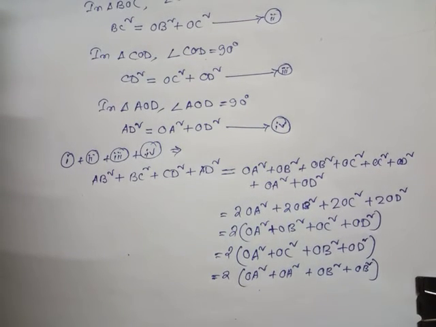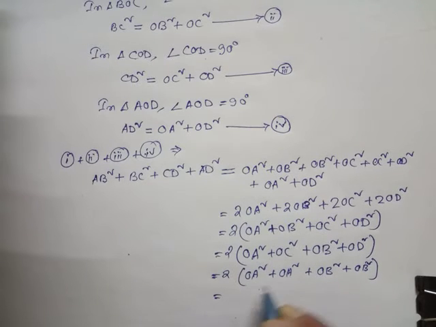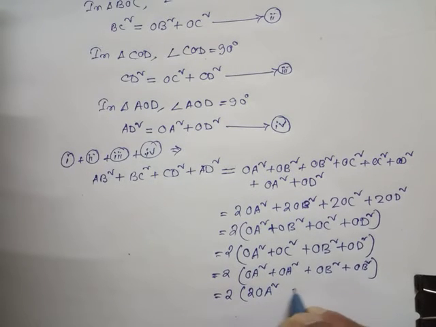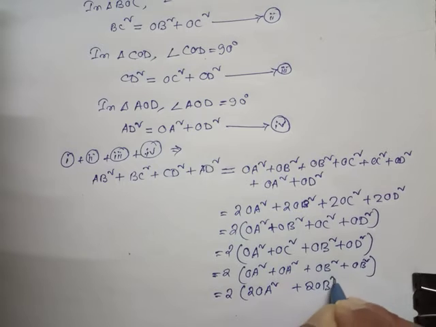In the proof portion initially we have written this one. So after that students, there is 2, OA and OA, which means 2 OA square, and there is 2 OB square.